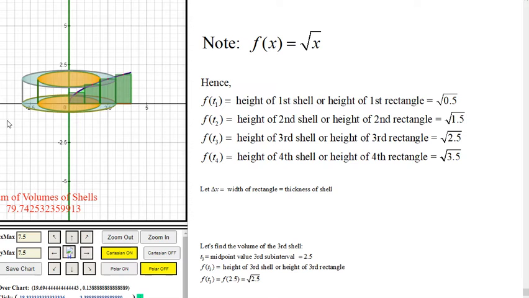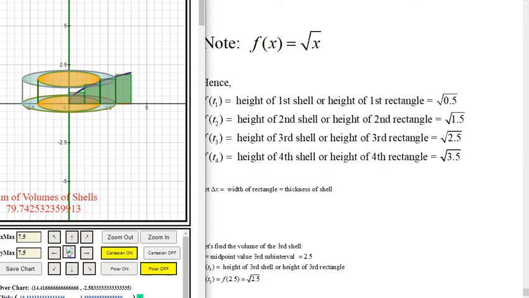And then now we look at shell number 1 with the other shells. For shell number 1, the midpoint right here is 0.5. And so the height would be f of 0.5, which is the square root of 0.5.